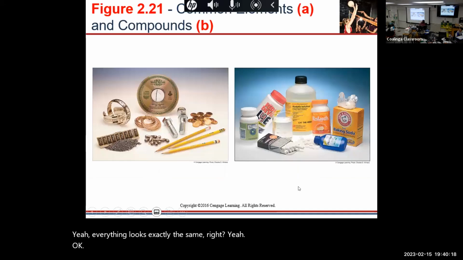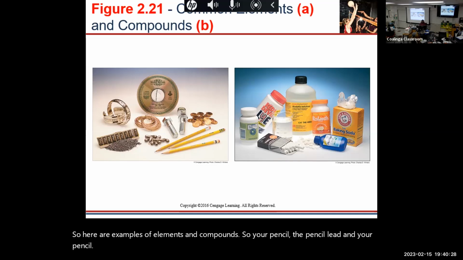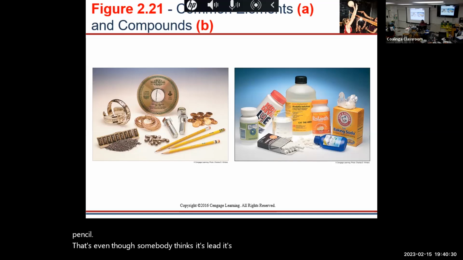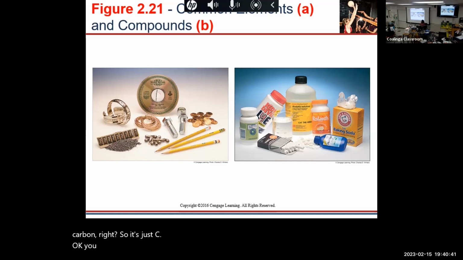Here are examples of elements and compounds. Like the pencil lead in your pencil, even though somebody thinks it's lead, it's not really lead, it's graphite. Graphite is all carbon, so it's just C. You said iron, we have our iron bolts here.